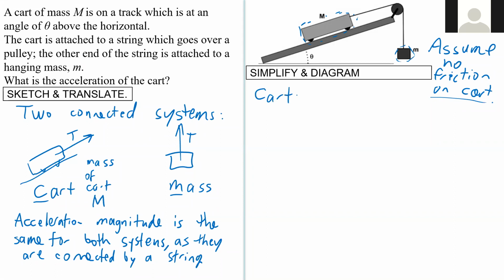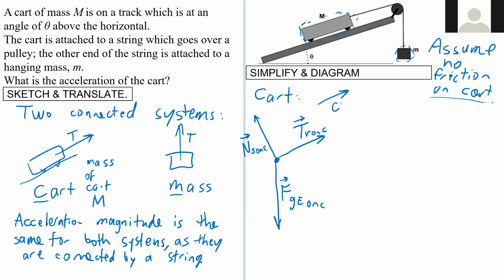So let's draw the cart force diagram. It's going to have a tension up the hill, tension of the rope on the cart. It's going to have gravity pulling it down, the force of gravity of the earth on the cart. And then a normal force, which in this case is perpendicular to the surface, the normal force of the surface on the cart. And the acceleration is that way.